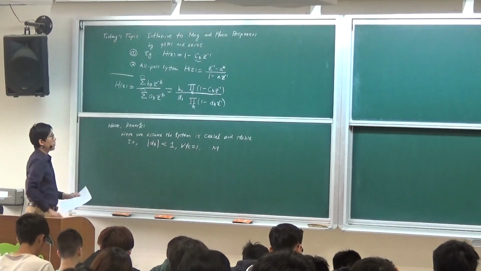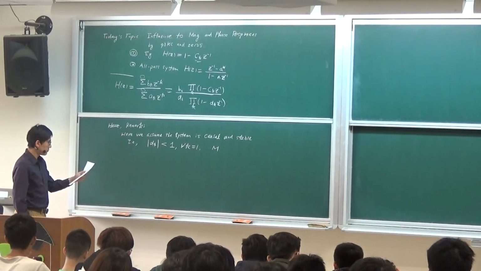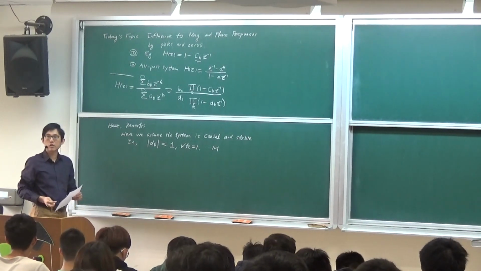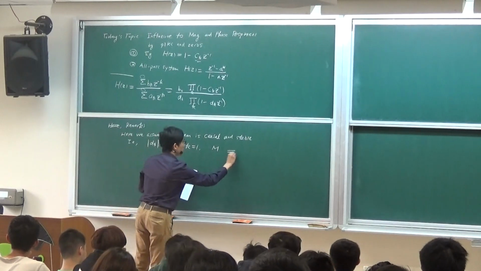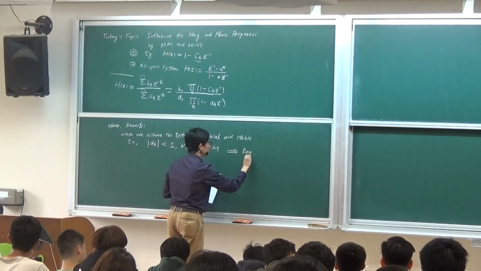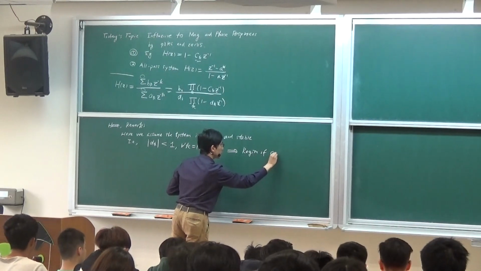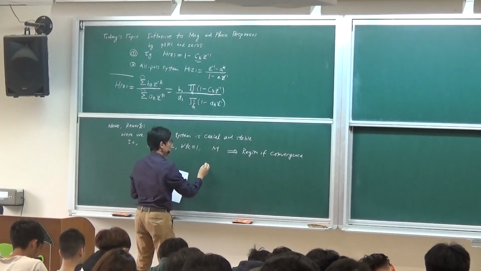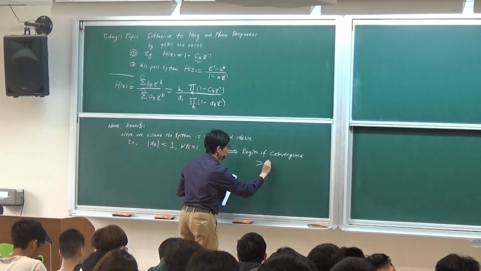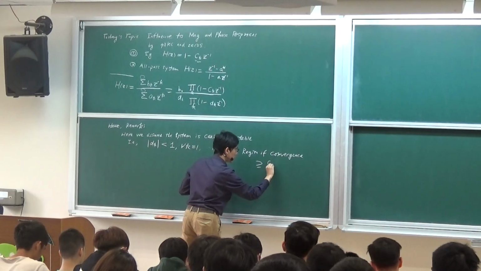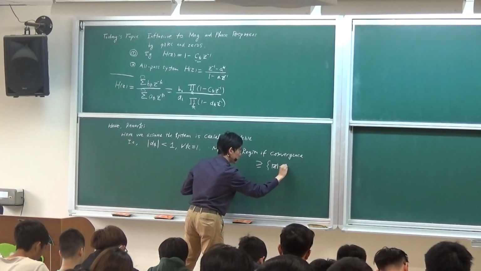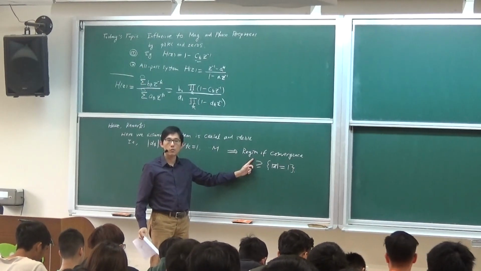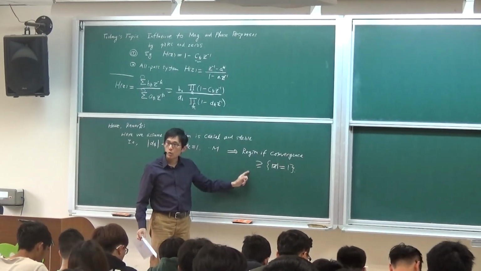Okay, so with that being said, now if all the poles are located inside the unit circle, we know the region of convergence. The region of convergence will include the unit circle. The notation of the region of convergence is a subset of the complex plane, which includes this set.